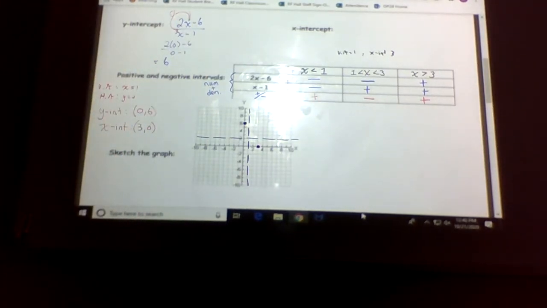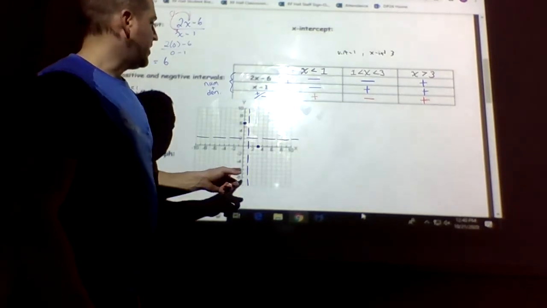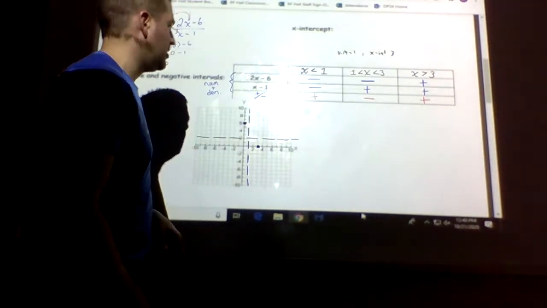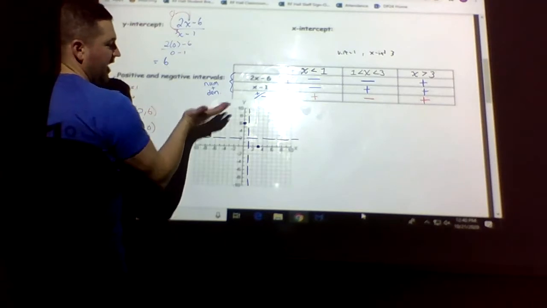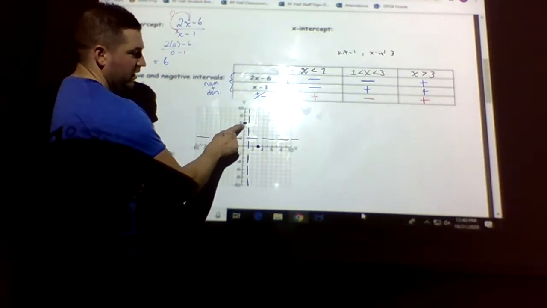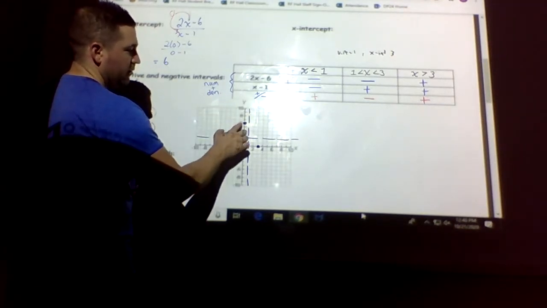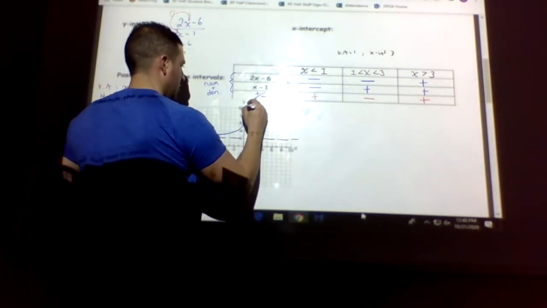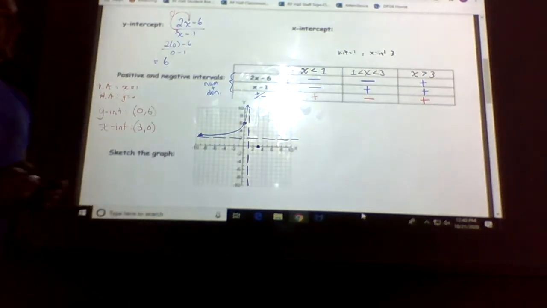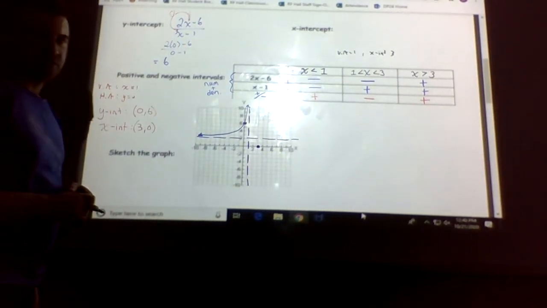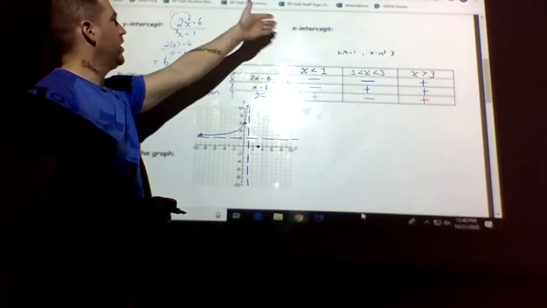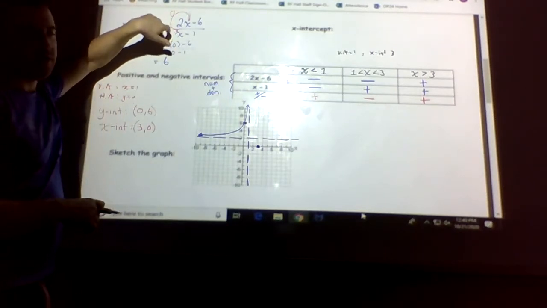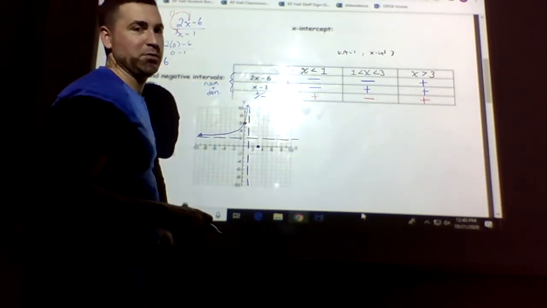Okay, now we combine. So x values that are less than 1 are in the positive quadrant. So it's above the x-axis, but it could only be in this part here because we have a point here. So we're going to draw a curve as such. Because we are doing rational graphs, most of them are going to look like reciprocal functions.